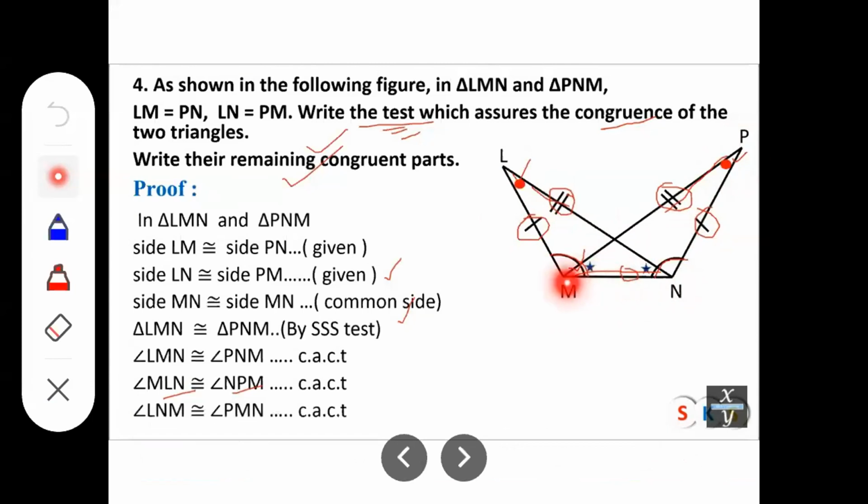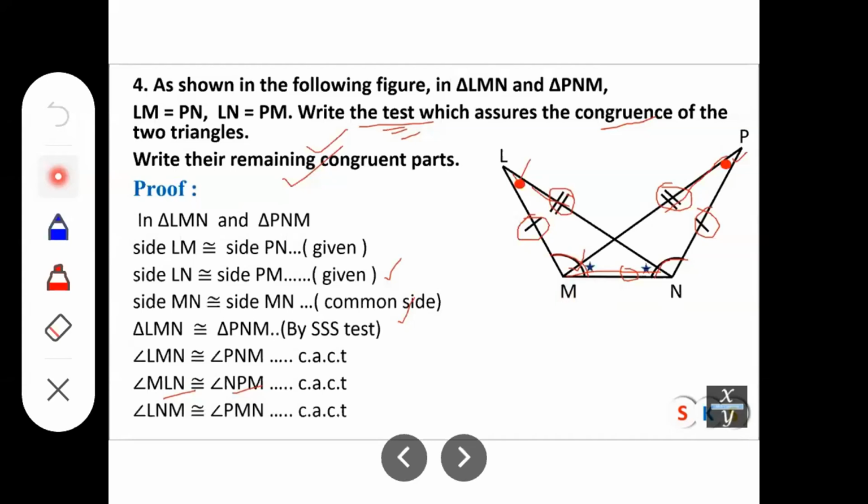What is common here? The base of both triangles is common, that is segment MN is the base for both triangles. The rest of the two sides are different.